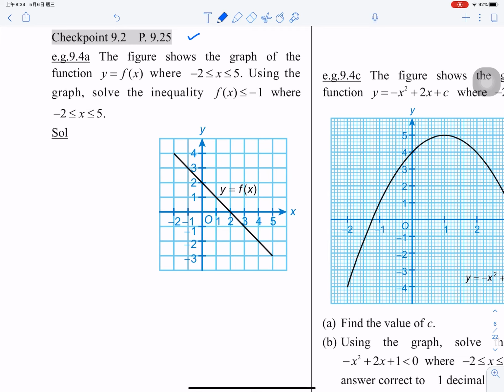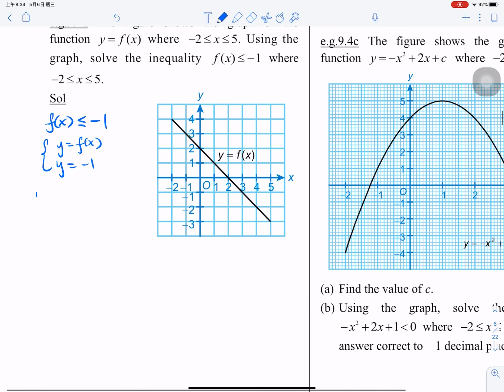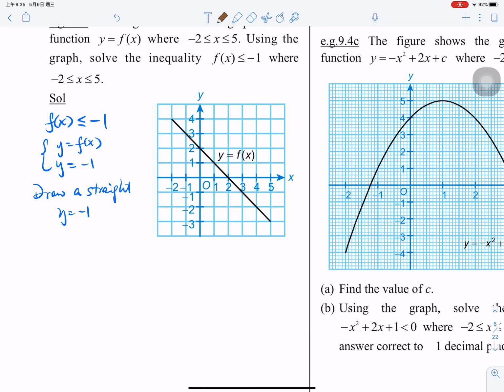So now f(x) smaller or equal to negative 1, so you break it into y equals f(x) and y equals negative 1. That means draw the straight line y equals negative 1. So here y equals negative 1, right?